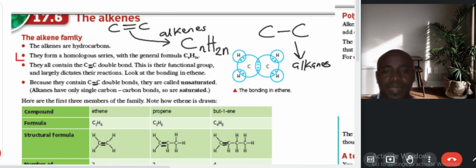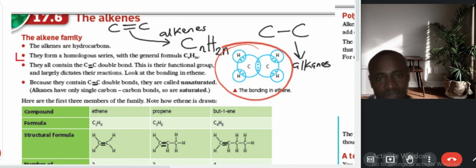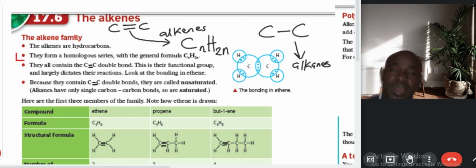Okay. So that's how the covalent bond looks for ethene, for instance. It is unsaturated because it has a carbon-carbon double bond, which can be broken down into a carbon-carbon single bond, giving alkanes that are now saturated.